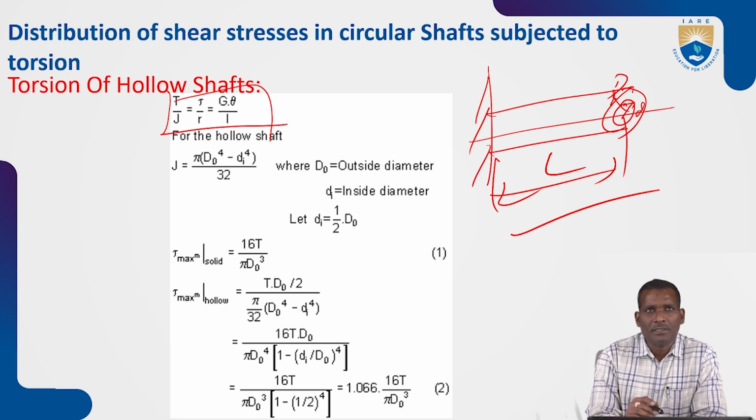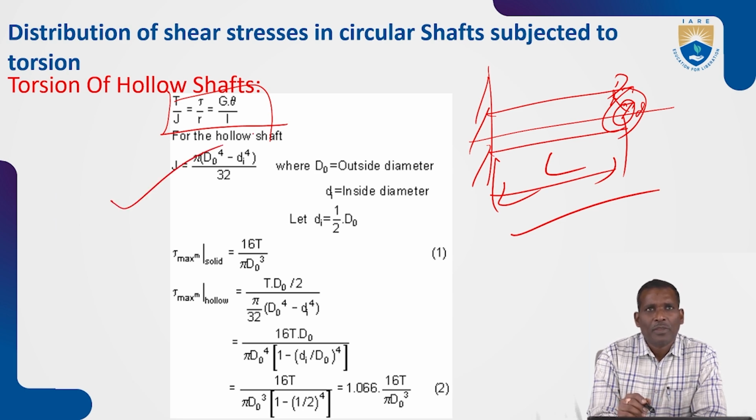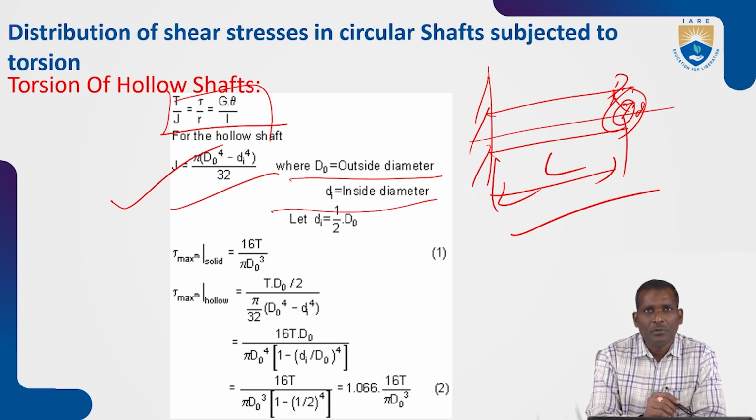But in this case, for the hollow shaft, J is equal to pi into D naught to the power of 4 minus Di to the power of 4, by 32. What is D naught? The outside diameter. What is Di? The inside diameter. Now you can take Di equal to D naught by 2.